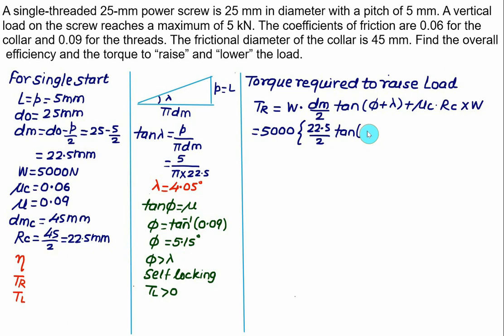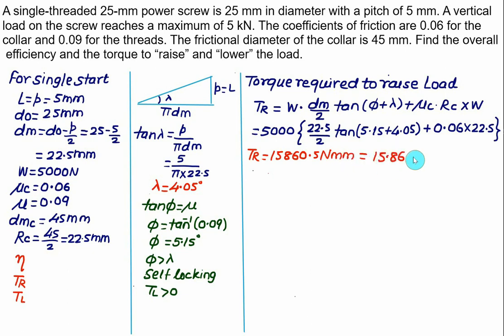We have phi value 5.15 and lambda value equal to 4.05, plus we have mu c equal to 0.06 into RC. RC is equal to 22.5. So in one step we will find the total torque required to raise the load. The torque required to raise the load will be equal to 15860.5 Newton mm. That is the same as 15.86 Newton meter.